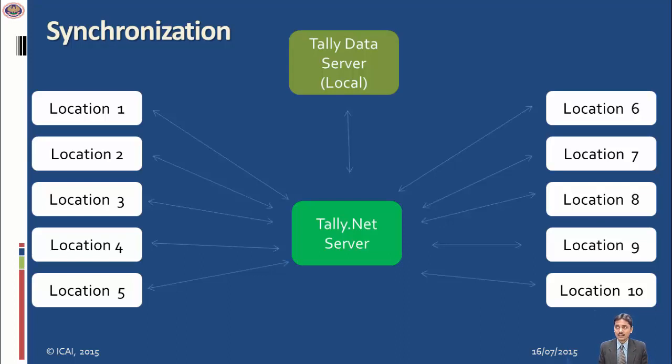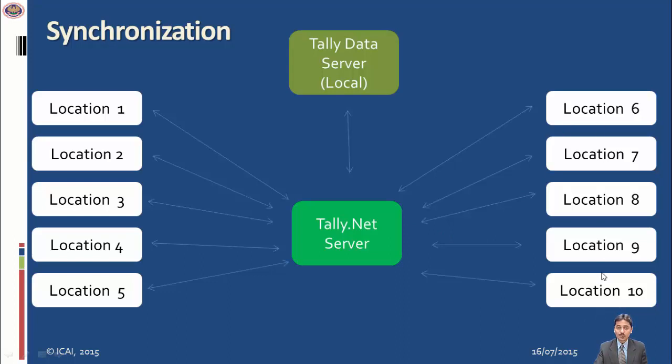Synchronization is a different aspect. In case of synchronization, the data is stored on the central server as well as the local server also. The data is stored in a distributed way. Let us have a look at this particular slide. Here there are different locations. Location 1, 2, 3, 4, 5, 6, 7, 8, 9, 10.